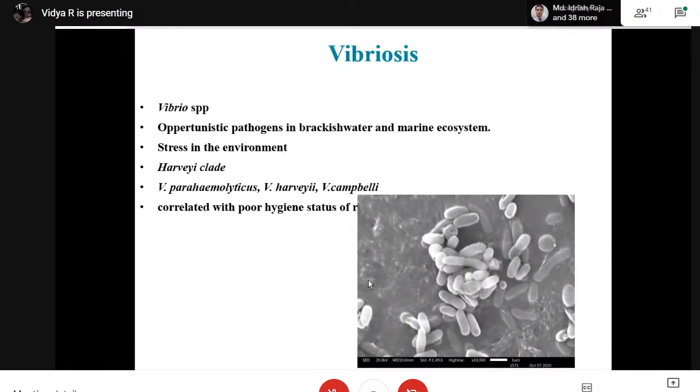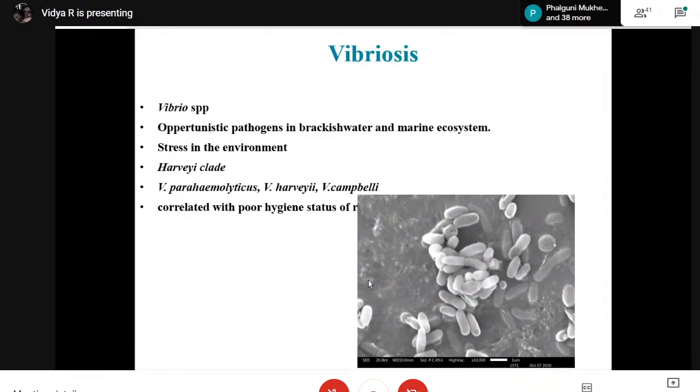Numerous vibrios are available. The major portion of the sea or brackish water system may contain culturable vibrios. You can count up to 100 Vibrio species in the brackish water ecosystem or in the sea. The major pathogens come under the Harveyi clade.